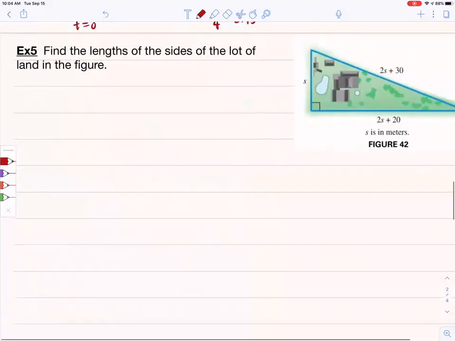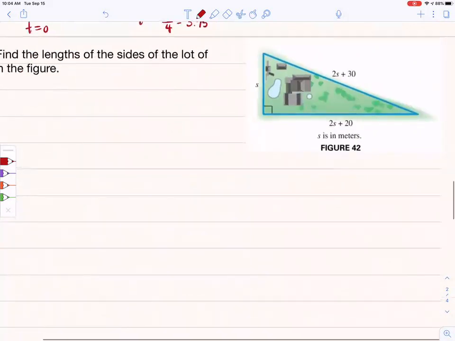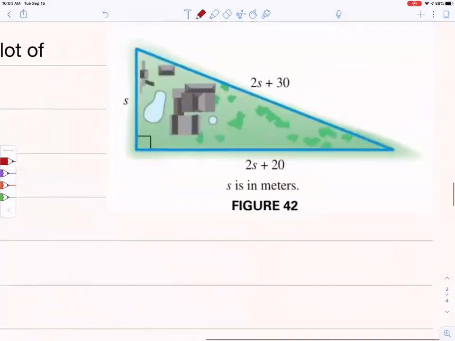All right, example number 5. Find the lengths of the sides of the lot of land in the figure. Now what kind of a figure is this? It's a triangle. That's not what I'm looking for, so let's be a little bit more specific. What kind of a triangle is this? You're having to revisit high school geometry here.